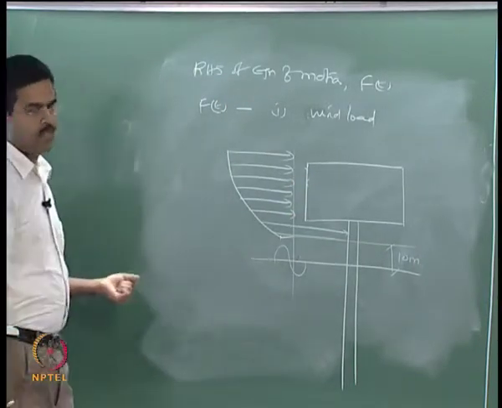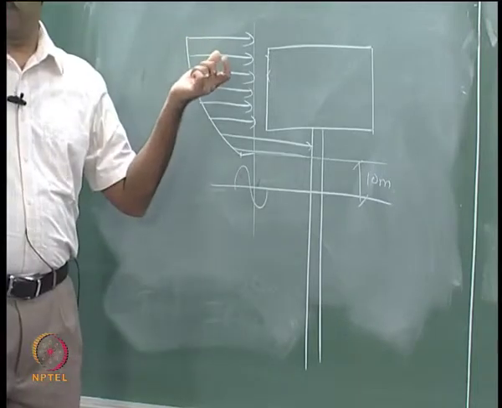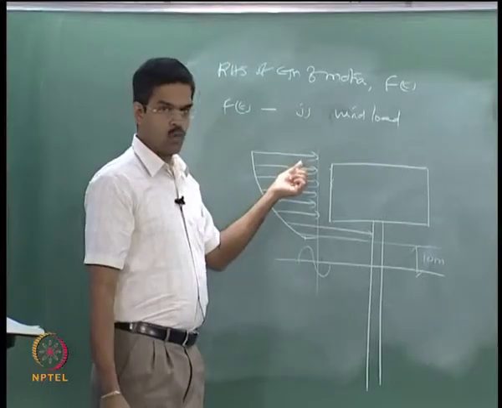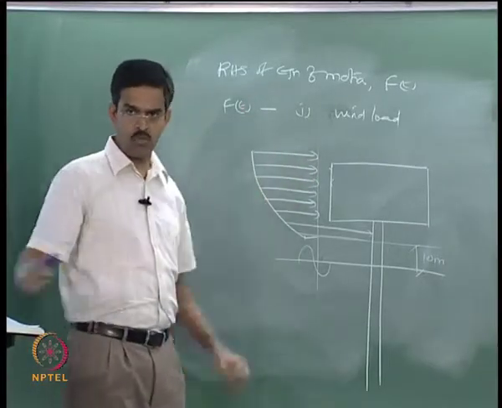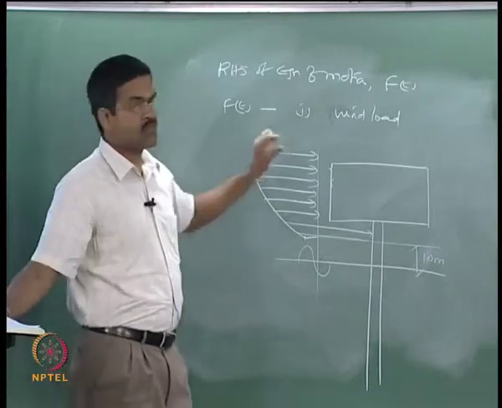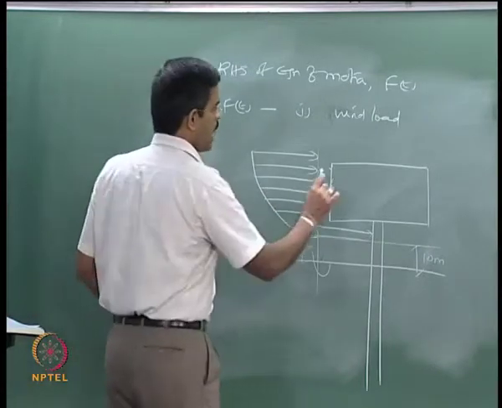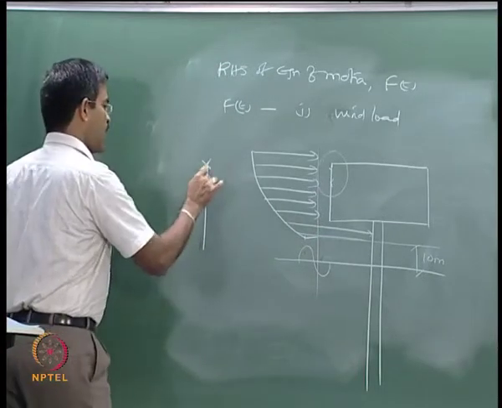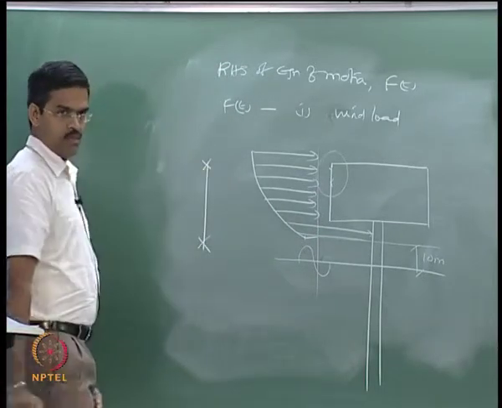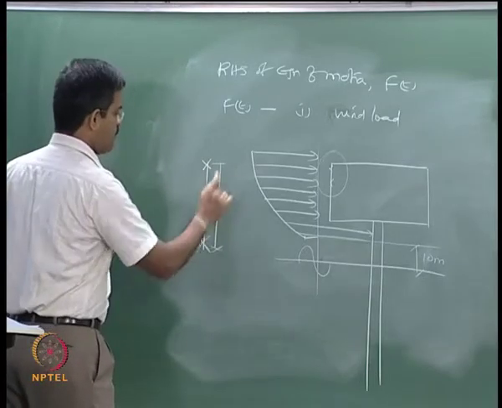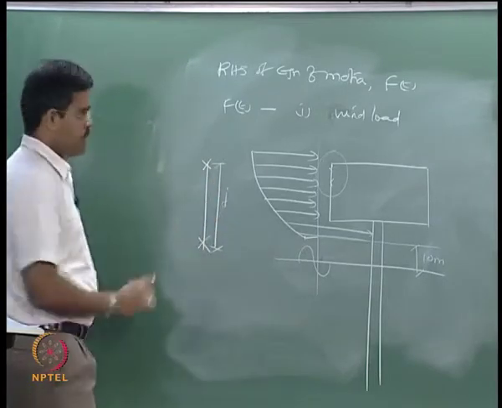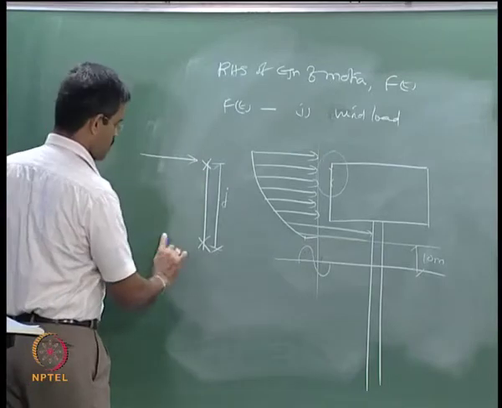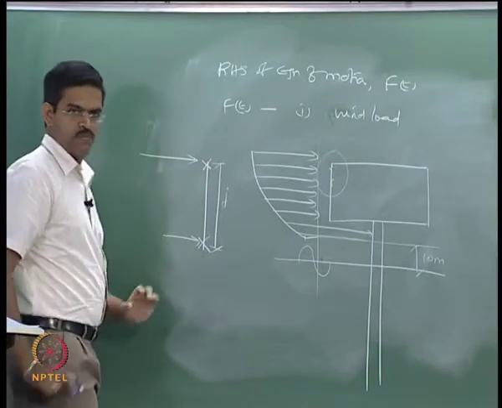So I know the pressure, and from the pressure I know the force because the projected area is known to me, because I know the length of the node. How? For example, I will magnify this. I have a member, this is my ith element, this is the i plus 1th element. I know the length of the element. I know the pressure here and I know the pressure here because it keeps on decreasing.